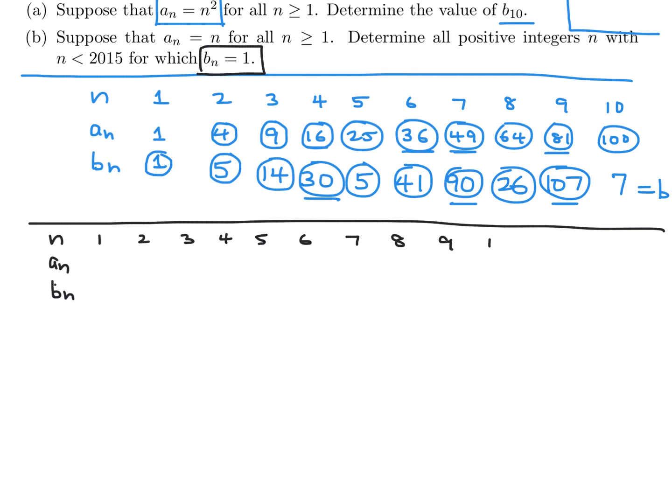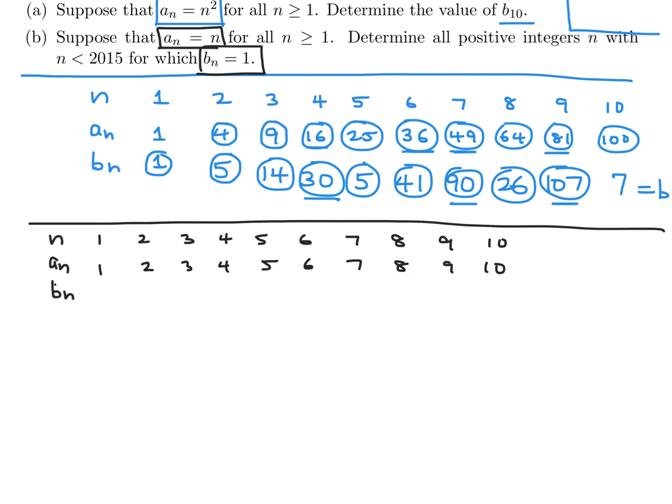So my hope is sooner or later we will come to a pattern, and hopefully that pattern will come sooner rather than later, and we'll see what happens. So an is equal to n, which makes our life a little easier. That's just going to be 1, 2, 3, 4, 5, 6, 7, like that.